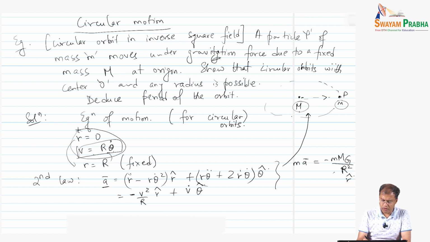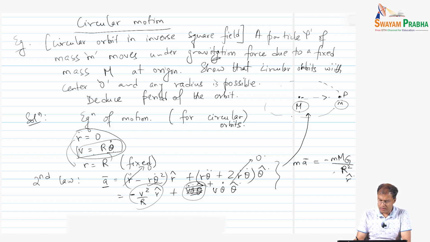R dot is 0, so r double dot is 0, and we also have r dot is 0 here. So my acceleration has the quantity V square by r, and the tangential part is V dot theta hat.